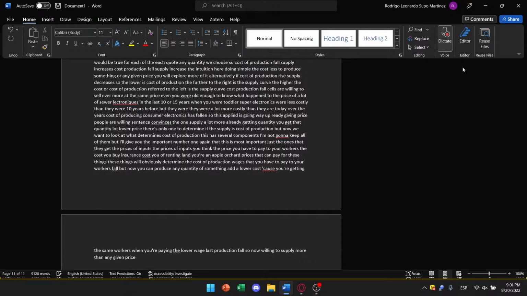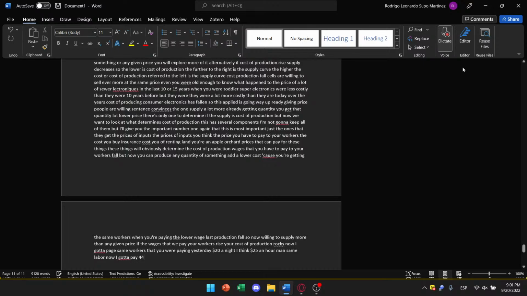If the wages that you pay your workers rise, your cost of production rises. Now I've got to pay the same workers that you were paying yesterday $20 an hour, I've got to pay them $25 an hour. Same labor, now you've got to pay more for it. Cost of production rises, supply falls.